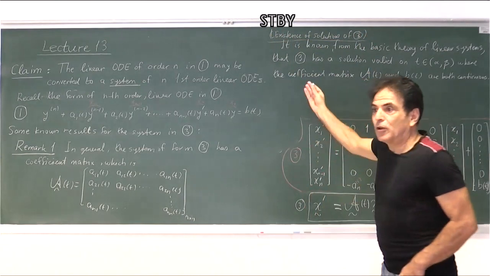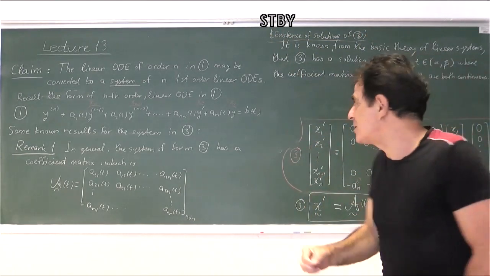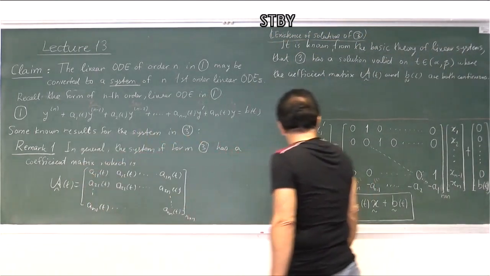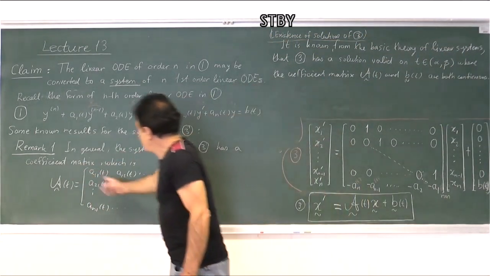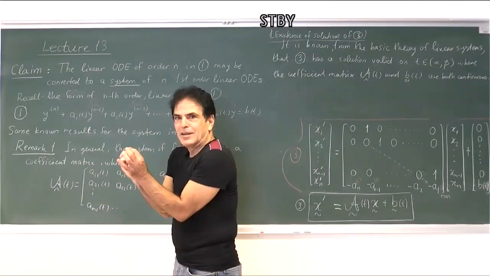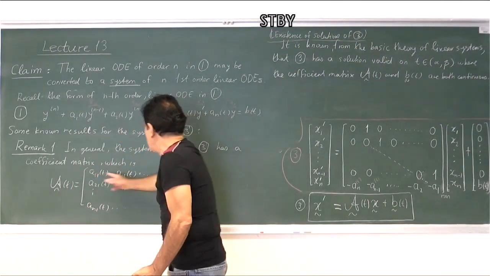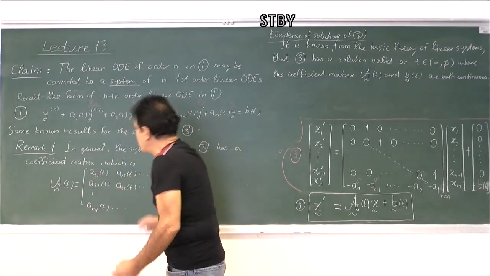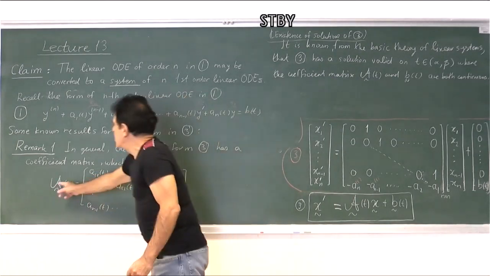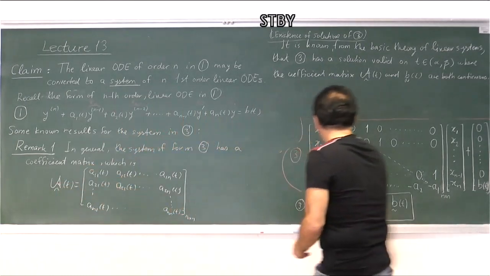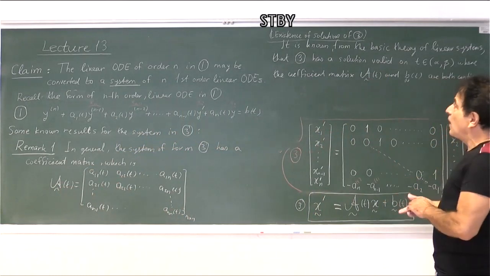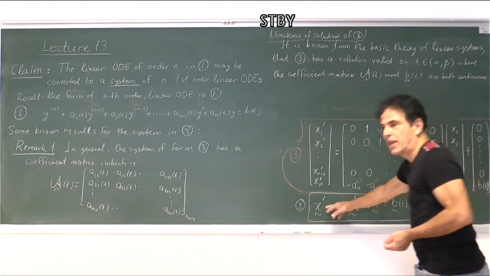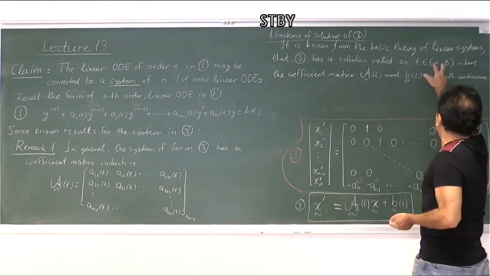So we already learned from the basic theory of systems that whenever I'm talking about the general system we discussed previously, if we find an interval of t where all entries of this matrix are continuous, then the matrix coefficient is continuous, and therefore there exists a solution of the linear system, a solution valid on this interval.